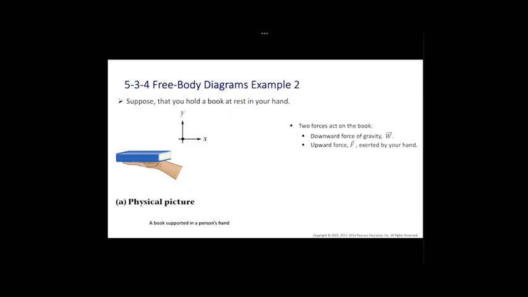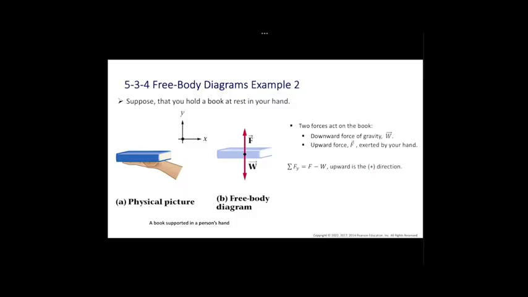Now we begin with a sketch of the physical situation as in this figure. The corresponding free body diagram shows just the book represented by a point and the forces acting on it, force F upward and W downward. Now all these forces are vertical, so let's write down the y component of the forces. Sigma Fy in the y direction is F minus W, if you select upward as the positive direction.